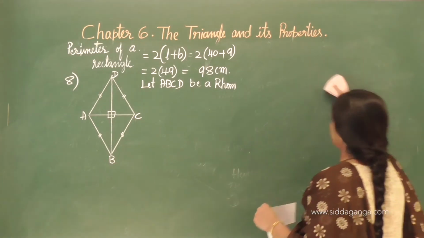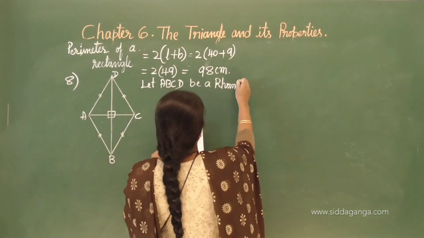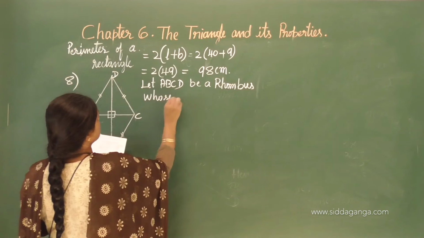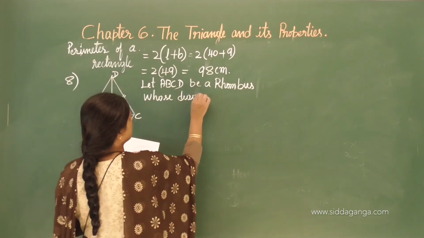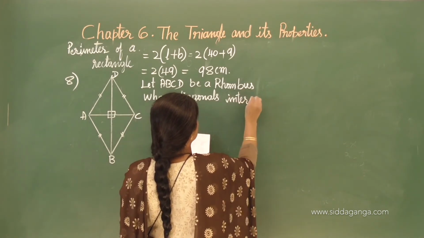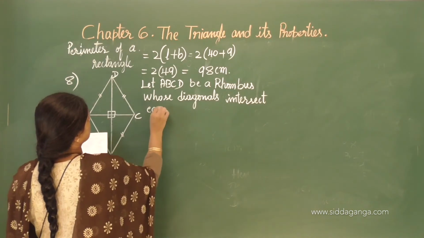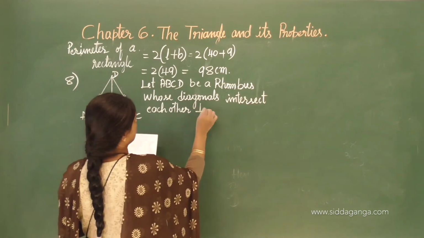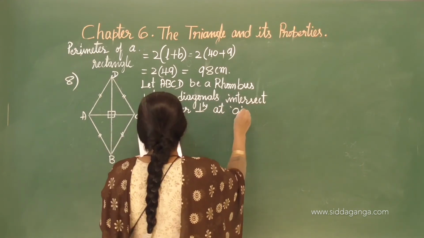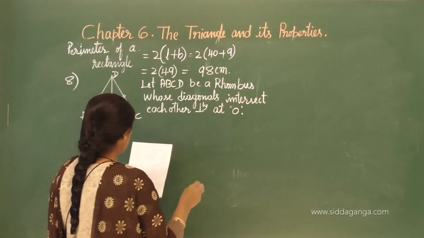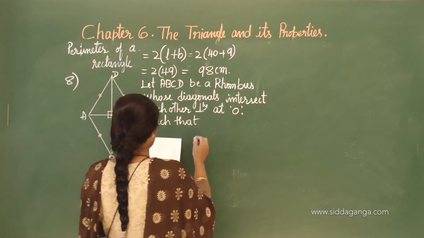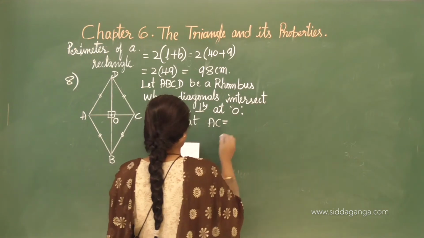Here also we get a right triangle, a rhombus whose diagonals intersect each other perpendicularly at O. Consider this point as O, such that when they meet at O perpendicularly, AC is equal to 16 centimeter.